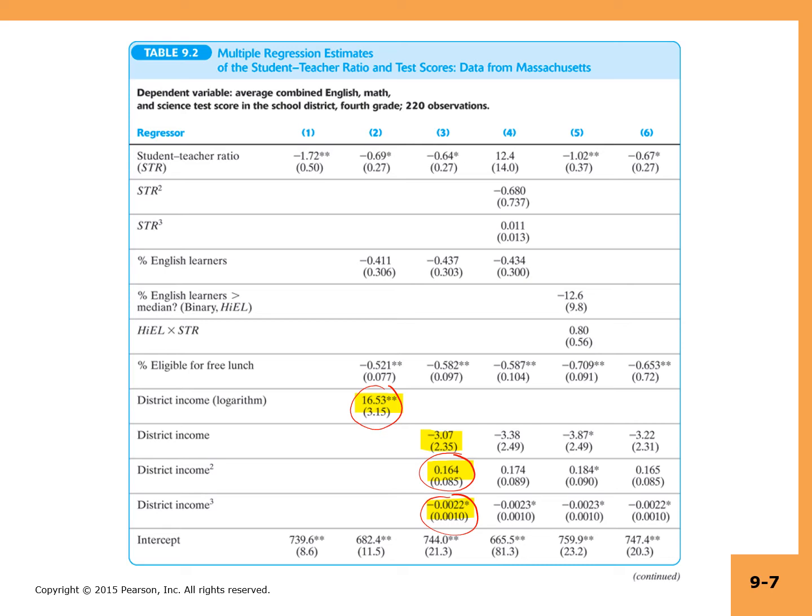But one model is accounting for that by using the log of income, whereas Model 3 is using the polynomials to account for nonlinearity.